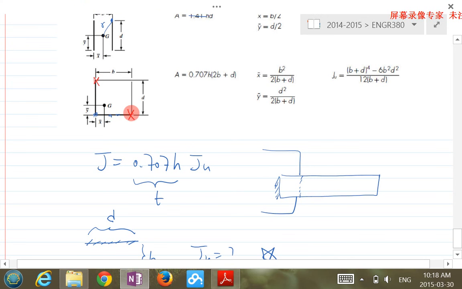Because that's the location which has the maximum distance from the centroid. So the question is, what will be the r then? How do you calculate r? You can base it on this x bar and y bar to calculate r. Was that good? So we'll look at more examples in the next lecture.